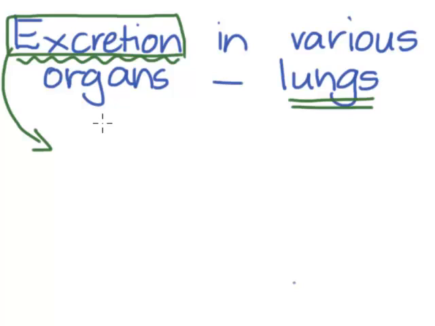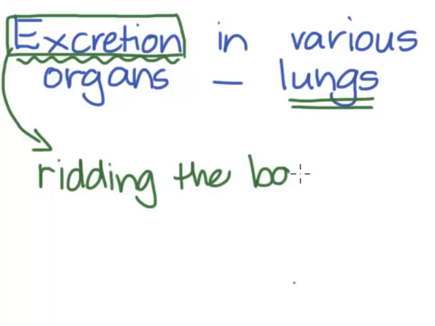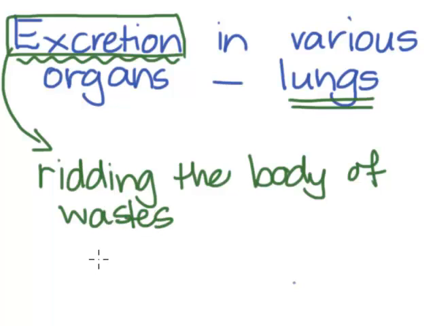Your body also has waste substances that it needs to get rid of or to throw away, I suppose you could say. This process of getting rid of wastes, so ridding the body of wastes, is called excretion.